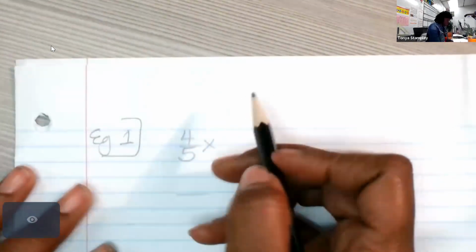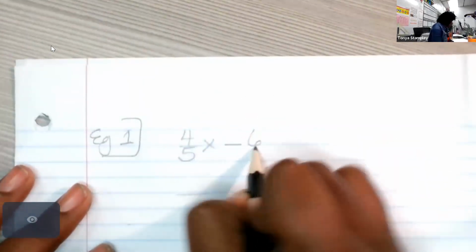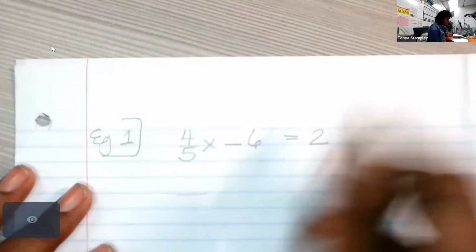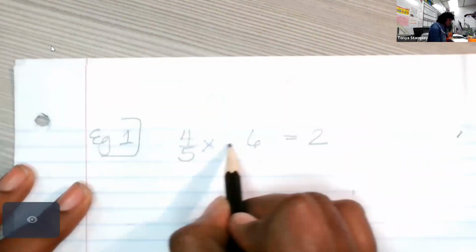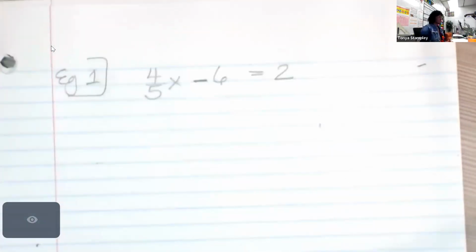Let's do example 1. I'm gonna throw in something. (4/5)x - 6 = 2. All right, let's go. What we got?